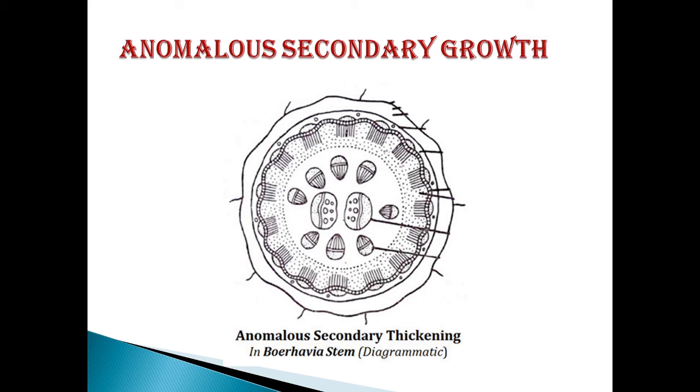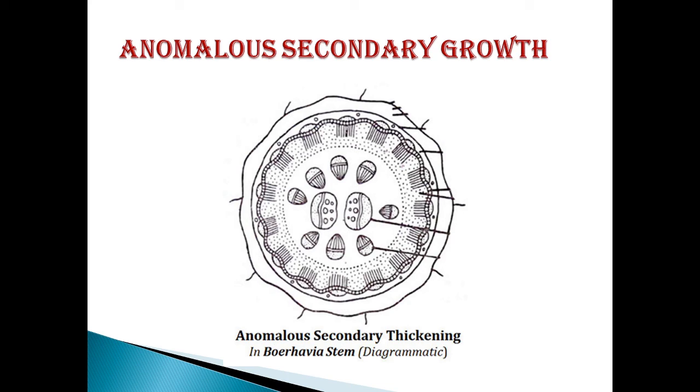This may be due to a cambium of normal type which gives an unusual arrangement of secondary xylem and secondary phloem, or a cambium which is itself abnormally situated and so gives rise to abnormal arrangement of secondary xylem and secondary phloem, or the formation of accessory or additional cambium.